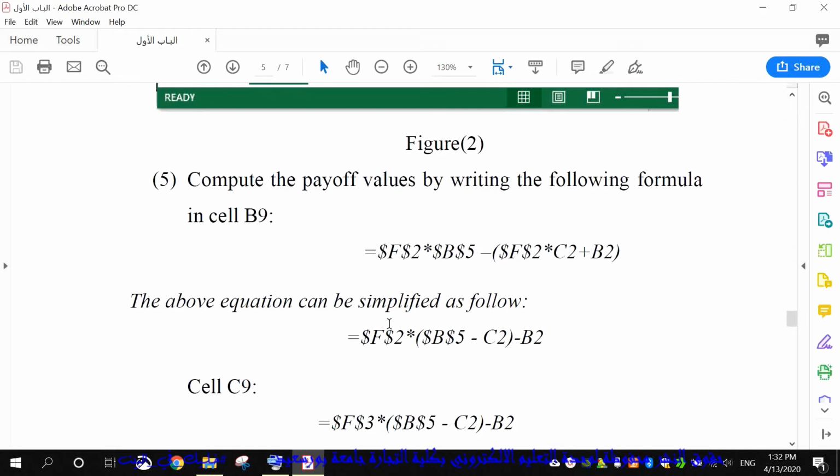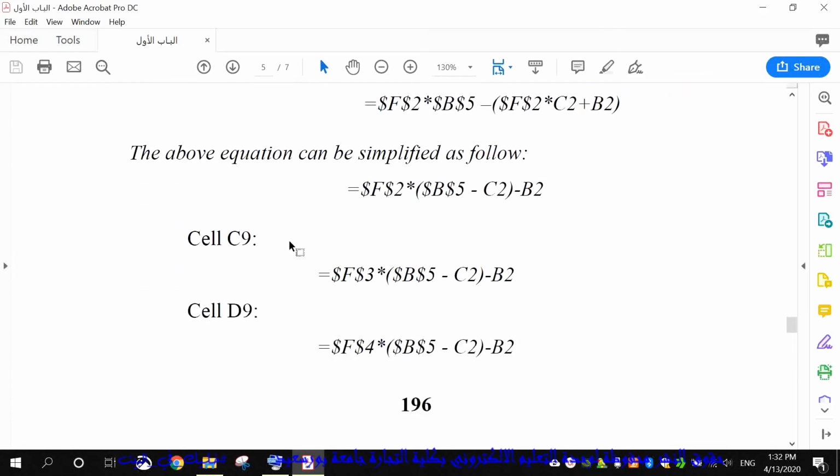So when clicking and dragging cell B9, F2 should still be the same without changing the row and column. So F2 star round brackets B5 as a fixed cell minus C2 minus B2. Similarly for cell C9.